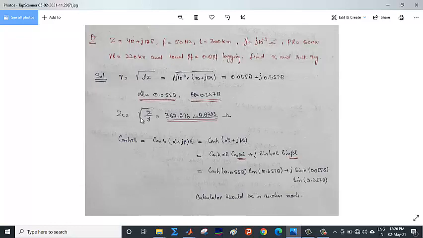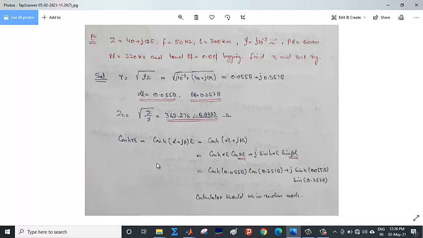Again ZC, which is the square root of Z by Y, is also calculated in the same slide. It comes out to be equal to 362.276 at an angle of minus 8.8723 degrees ohm.